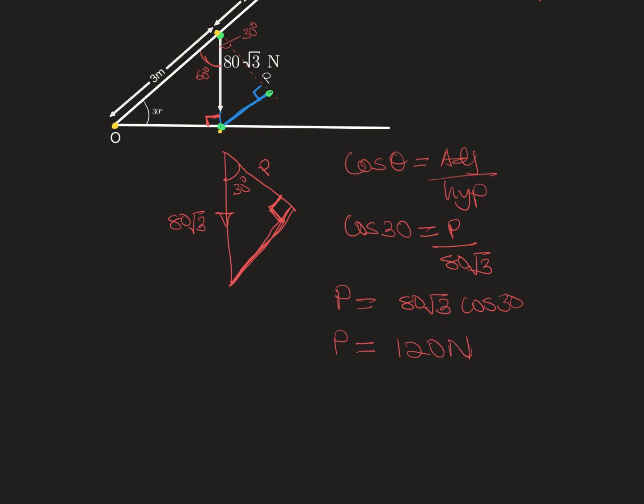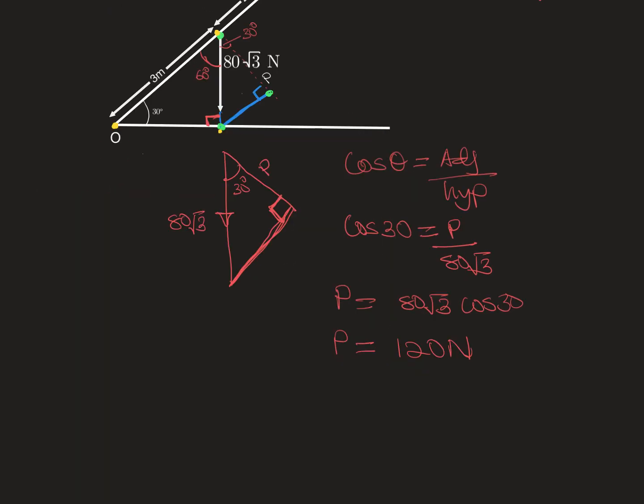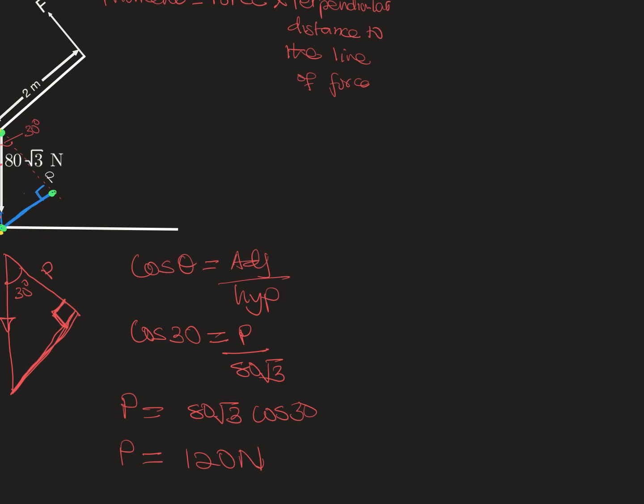Okay, so we have now been able to find the force that is perpendicular to the 3 meters distance. To draw this on a rough sketch, I'll point here O, and we'll have a straight line here. We'll have a force F, and we have another force here that we have already found, P, which is 120 newtons.